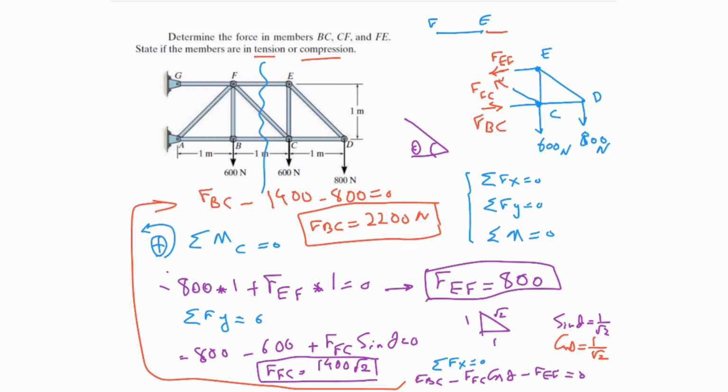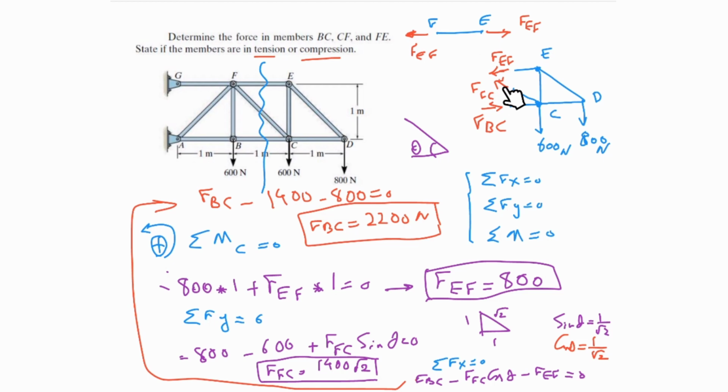And what is the reaction? The reaction is exactly the same force but with reverse direction, meaning that this is F_EF. And for preventing the motion of this link, we need to put another force, F_EF. And this means this link is under tension.